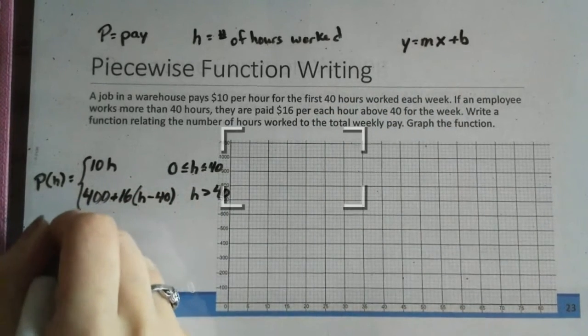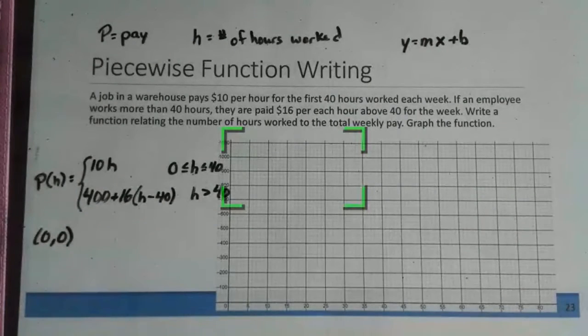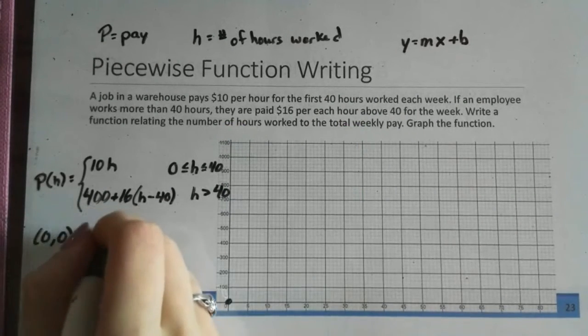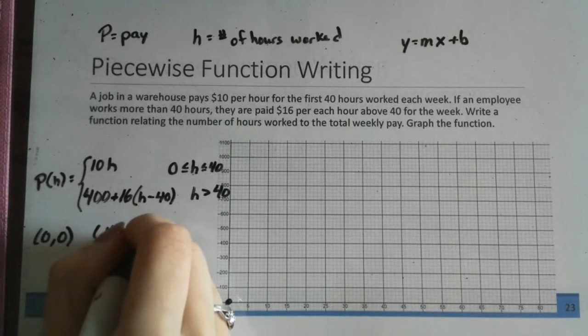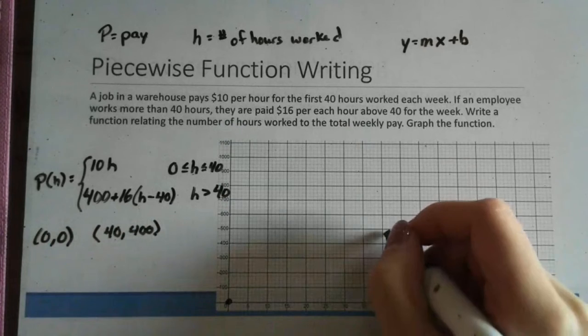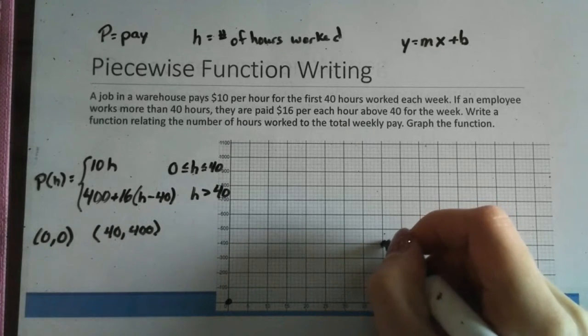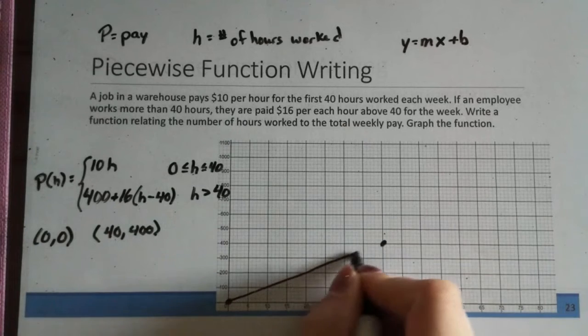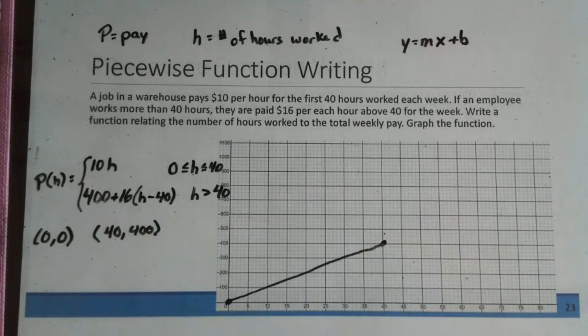Well, if h is equal to 0, I'm going to get 0 pay. If you don't work, you don't get paid. If I work for 40 hours, I'm going to get $400 pay. So 40 hours, $400, that's right here. Because it's linear, I can play connect the dots.